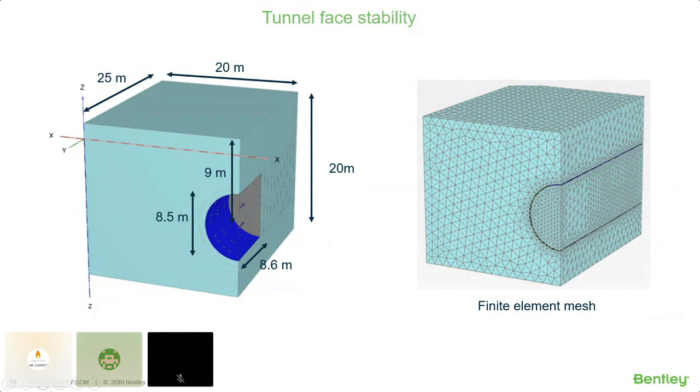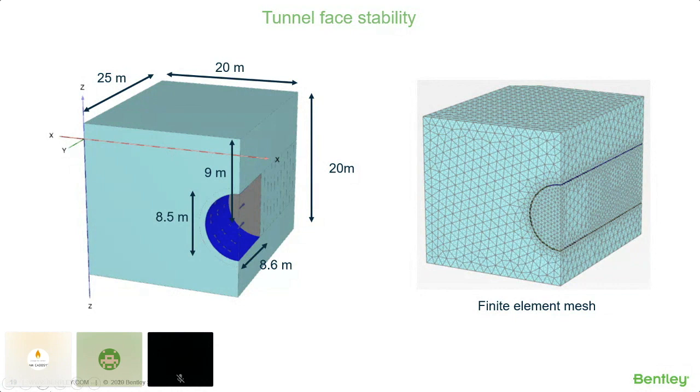In order to analyze the face stability, we have a model here. We have chosen a tunnel of diameter 8.5 meters, the length of the TBM is 8.6 meters, and the distance between the central axis of the tunnel and the ground surface is 9 meters.